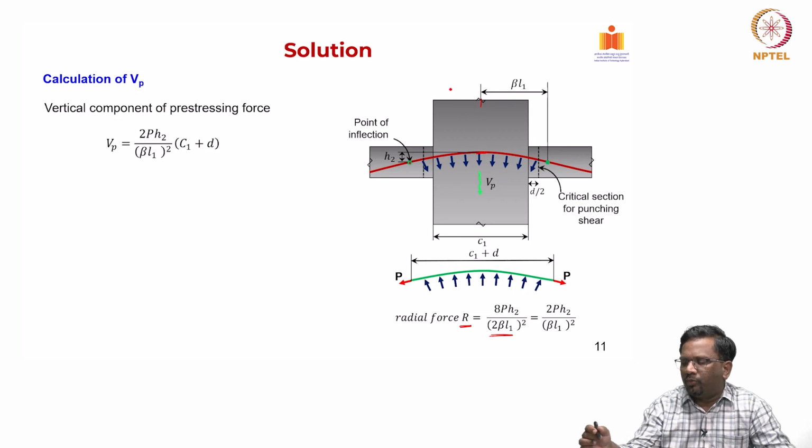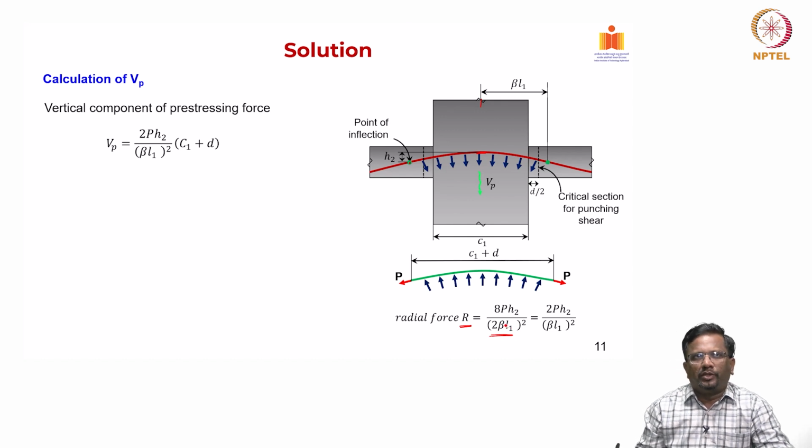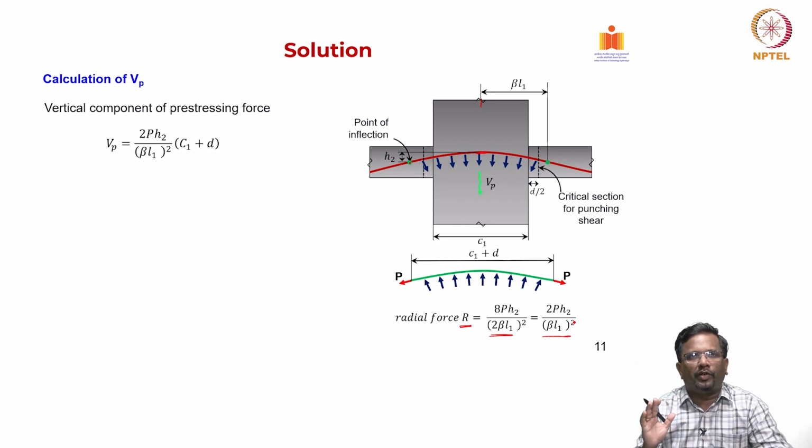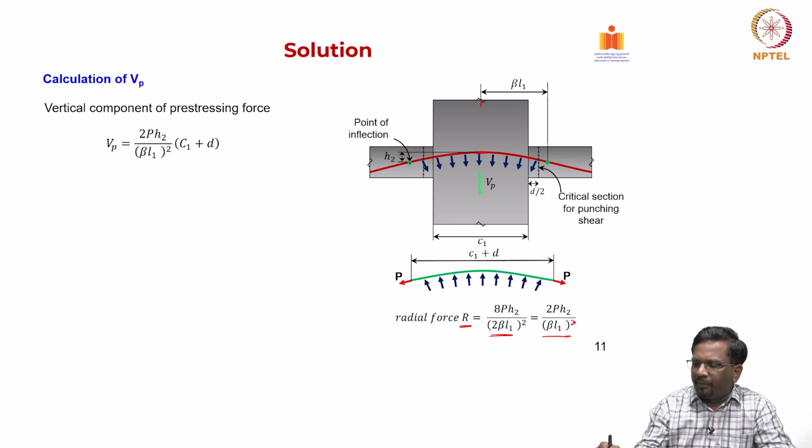So, the total length over which we are doing this calculation is 2 into beta L1. That is the reason in the denominator you have 2 beta L1 whole square, right. So, when you substitute that, you get this 2 PH2 divided by beta L1 the whole square, that is the vertical force per unit length that we are getting because of the reverse parabola, right. So, this is the VP component.